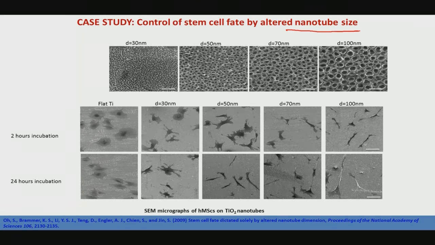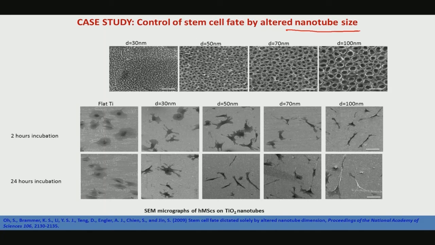and you can vary certain synthesis parameters to get nanotube diameters of different sizes, let us say 30 nanometer, 50 nanometer, 70 nanometer or 100 nanometer. Essentially you are growing these nanotubes of 100 nanometer or below, and you are comparing with pure titanium as a substrate without any nanotube.